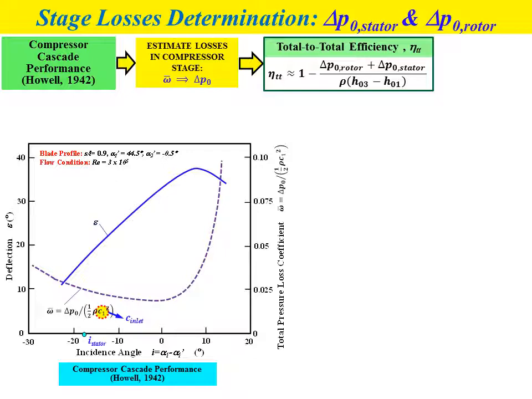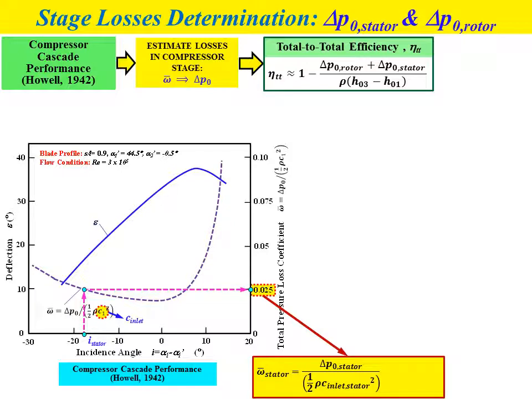Let's say we have the incident angle for the stator. From the Howell graph, we draw a vertical line, intersect with the omega bar curve, and then we can obtain the value of omega bar. Because we use the incident angle for the stator, we get omega bar for the stator, which equals delta P naught for the stator divided by half rho C inlet for the stator squared.